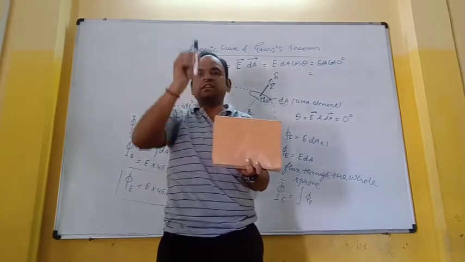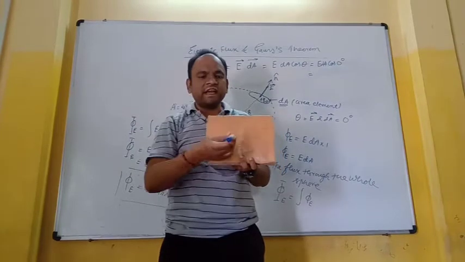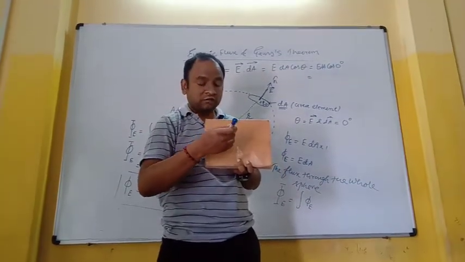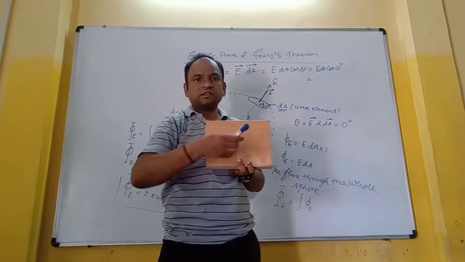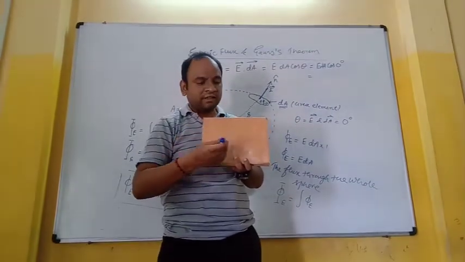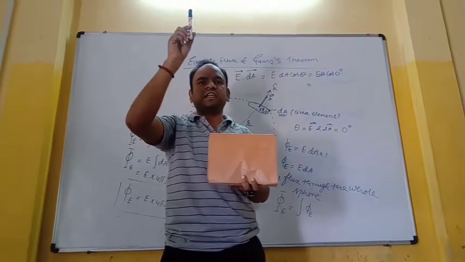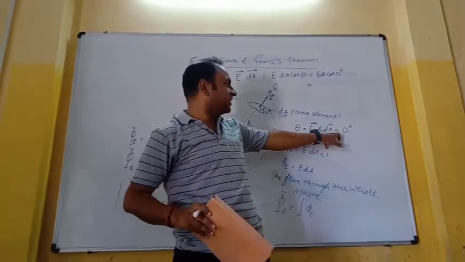Electric field is in this direction, my area vector is in this direction, because the area vector is always the outward drawn normal. So now the angle is 90 degree.